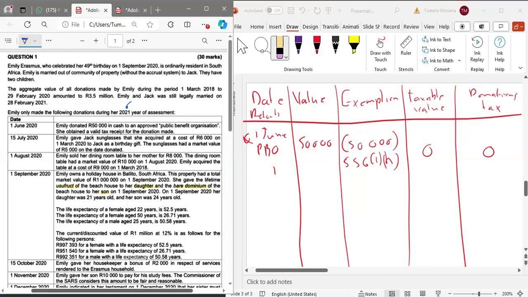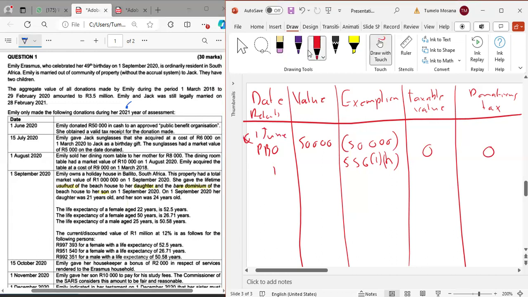I think for the 15th of July, the value would be the market value. Okay, so we are dealing with sunglasses, right? 5,000. Yes, sunglasses, sorry. 5,000, and it is not exempt. Why is it not exempt?